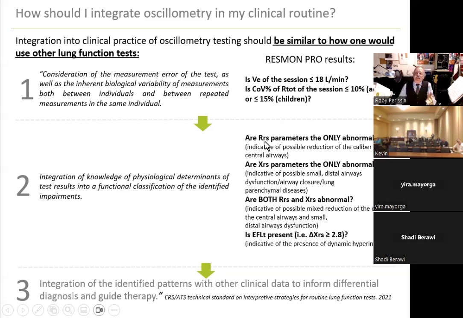Now, are the resistance or the reactance or both abnormal, central or peripheral airways, or both? Does the COPD patient experience dyspnea, shortness of breath, and have EFL? Okay, well, then you can also look at that. And then you integrate spirometry and oscillometry exactly the same way as you would integrate spirometry.